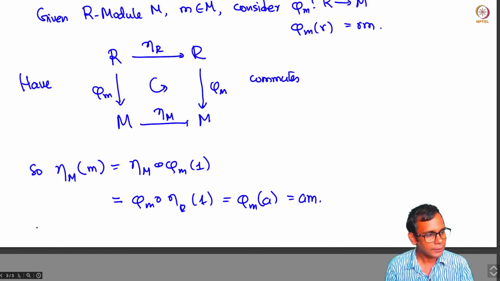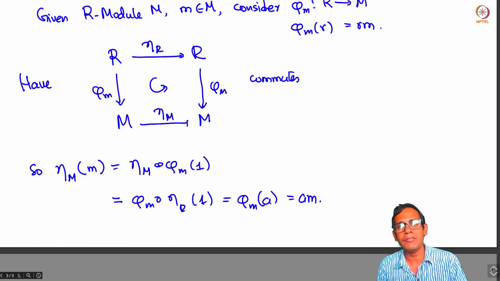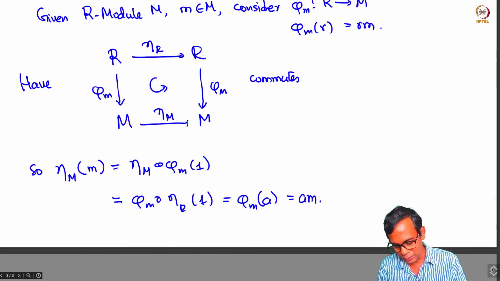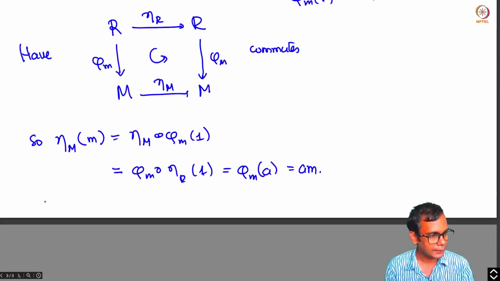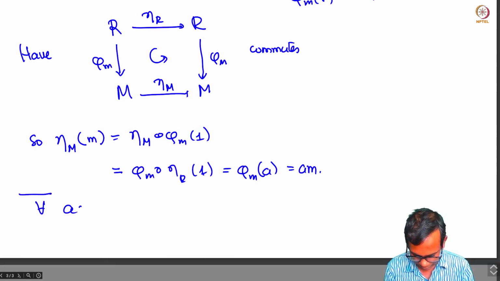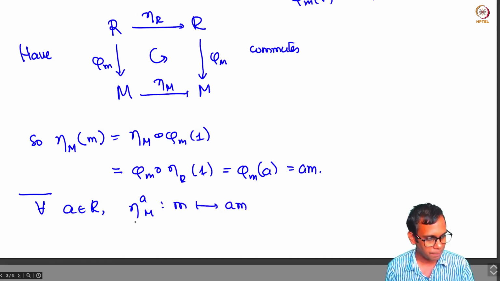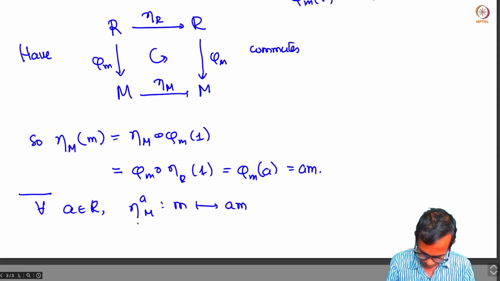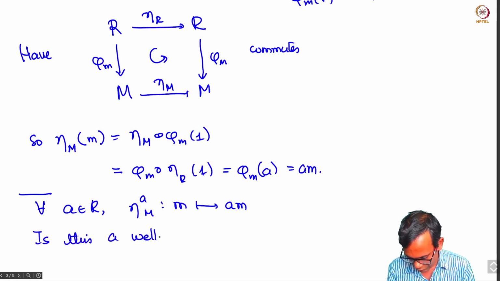Okay, but what changes this time is that not every element a of R gives rise to a natural transformation. So the key issue here is that for every a in R, we have eta^a_M must take m to am. We can try to define this, but is this a well-defined natural transformation?